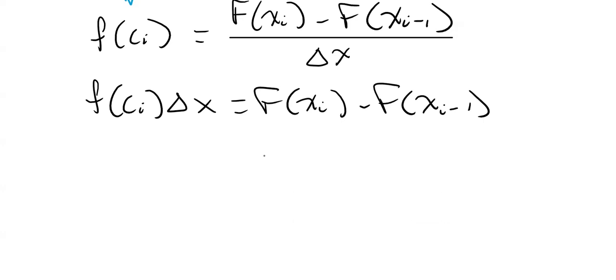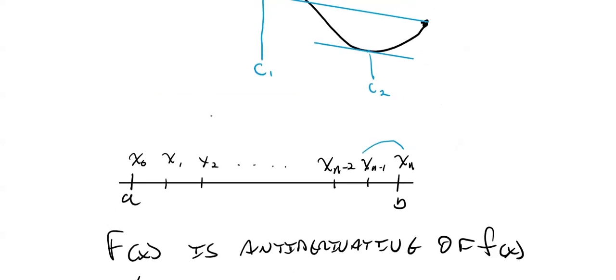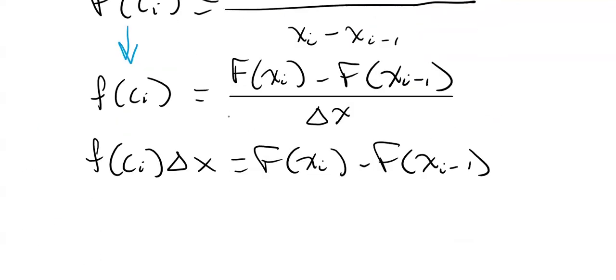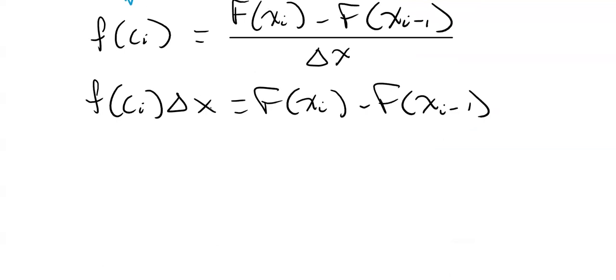I'm going to now take this equation here, and I'm just going to sum up from i equals 1 to n. So in other words, we're talking about the ith subinterval. This applies to every single interval that we divided this up into. Okay, so with the ith interval, that just means one interval in here. Well, now this mean value theorem and all what we wrote here applies to all of these subintervals.